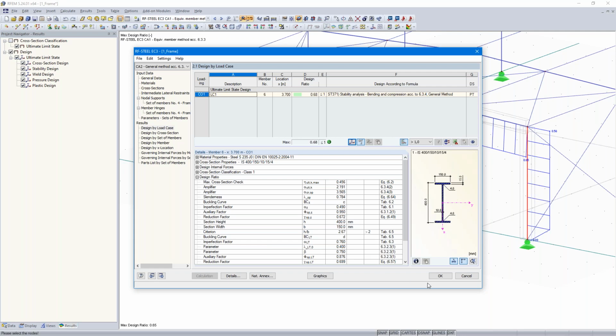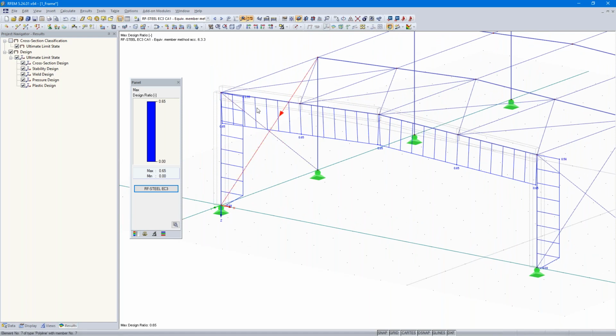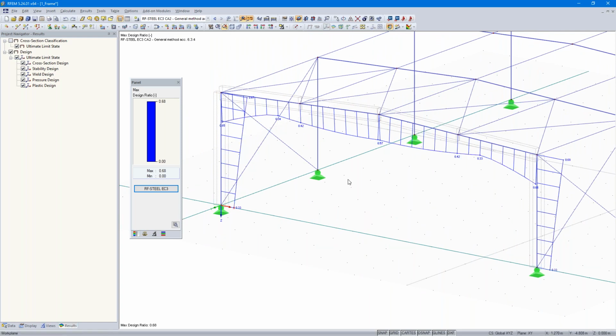Then we can leave the dialog or the add-on module. Here you can see the design ratio of the equivalent member method and here of the general method. These are two different methods.